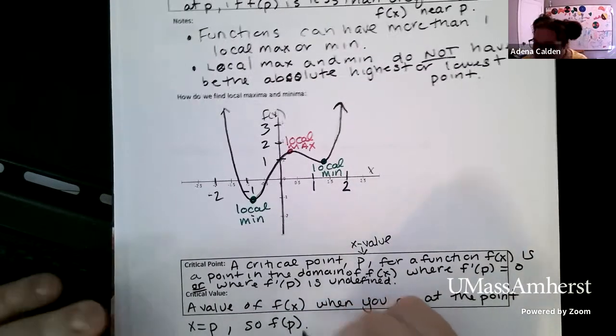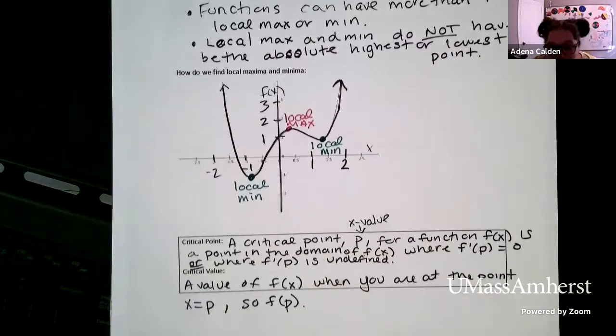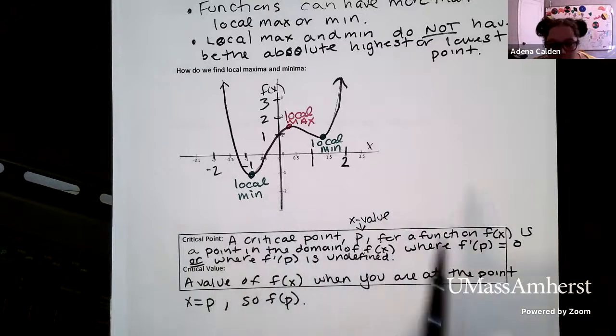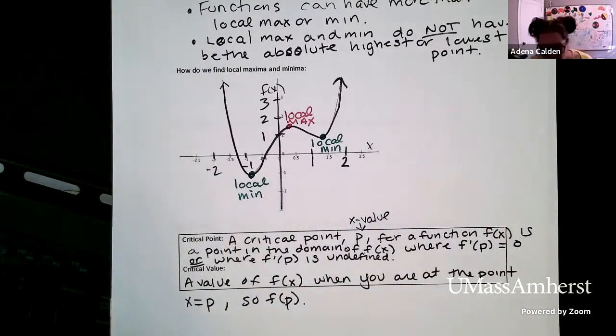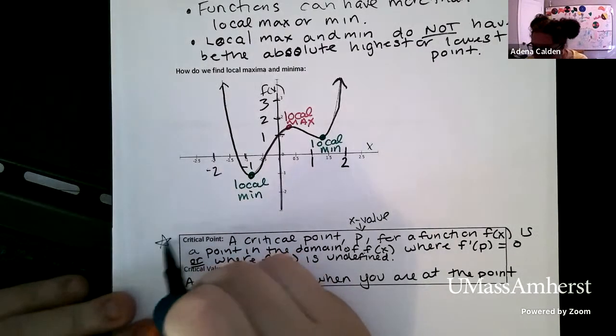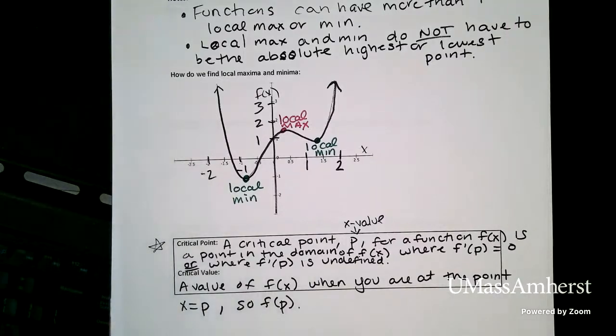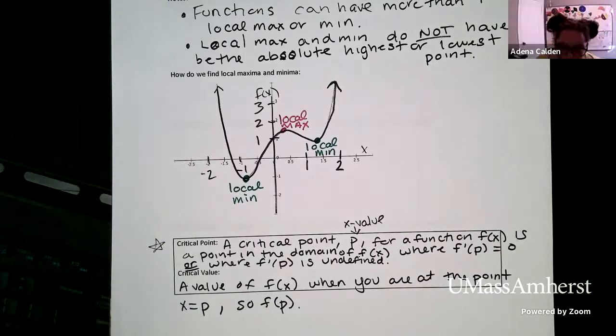So f of p. So this is the y value when you plug in the value you found for the critical point. So what does that mean? That means when we determine critical points, which we are doing the majority of the time, we are finding the x value where we have this critical point.